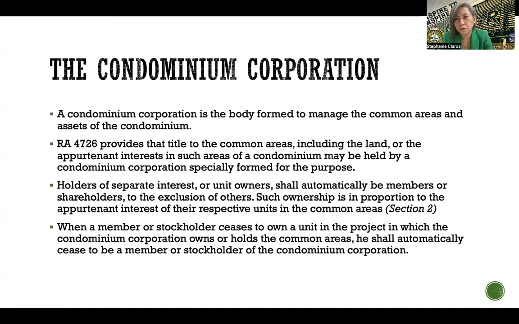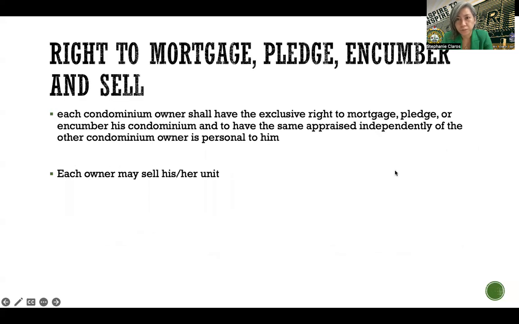If you are no longer a unit owner, then you will automatically lose membership and you are no longer a stockholder of the condominium corporation. Each condominium owner has the exclusive right to mortgage, pledge, or encumber the condominium unit.